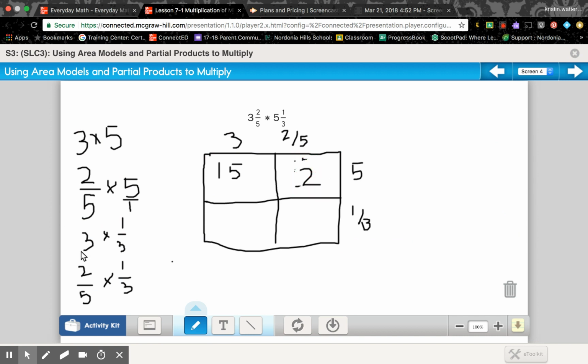Then I have 3 times 1/3, which is 3 over 3, or I could call that 1, right? That's the same thing. 3 over 3 is the same thing as 1.